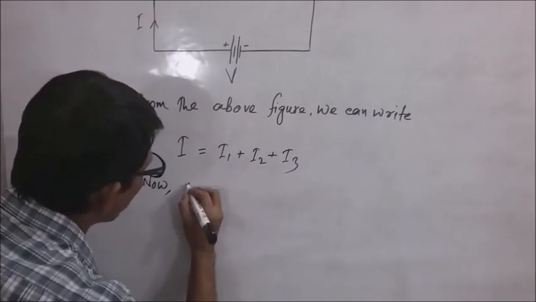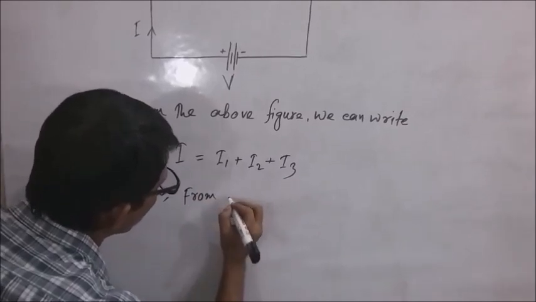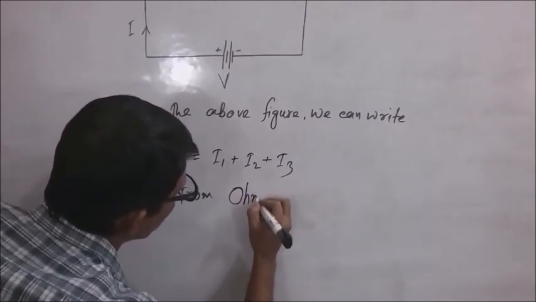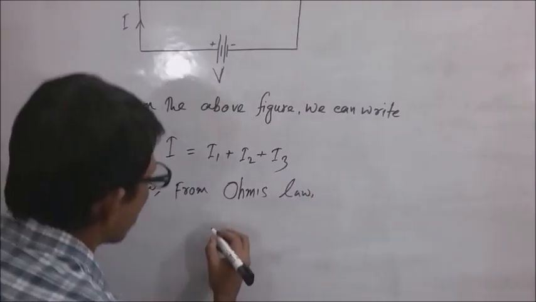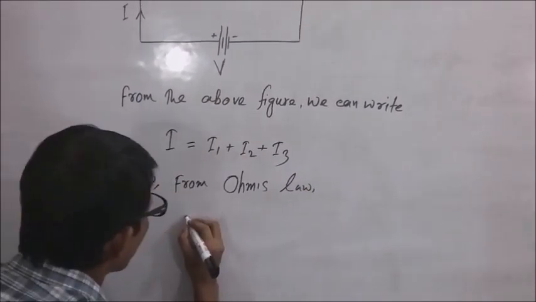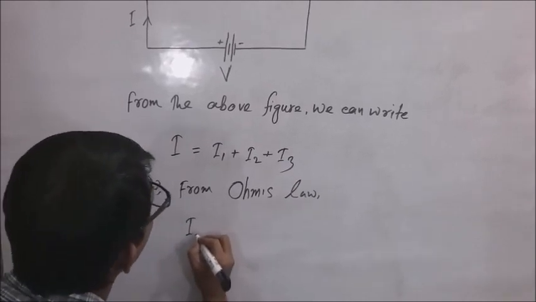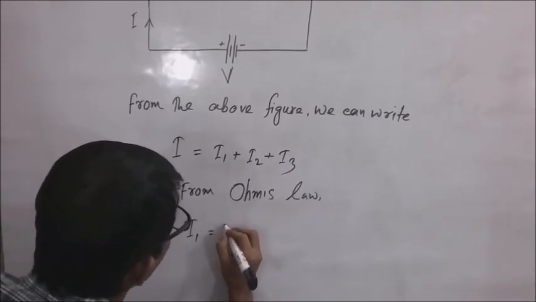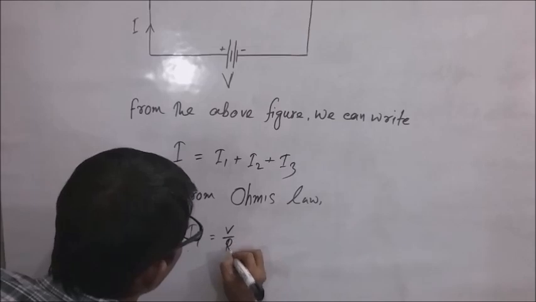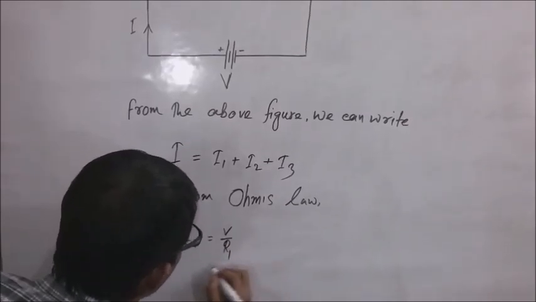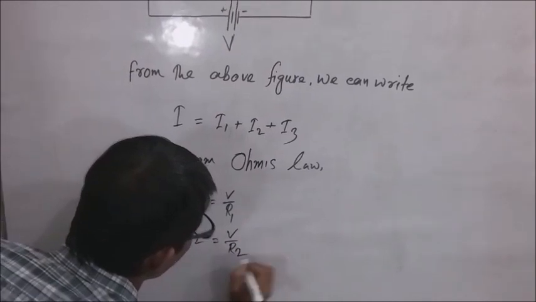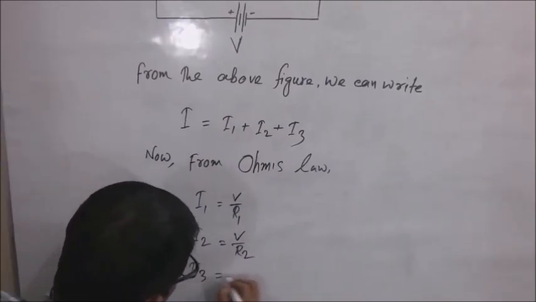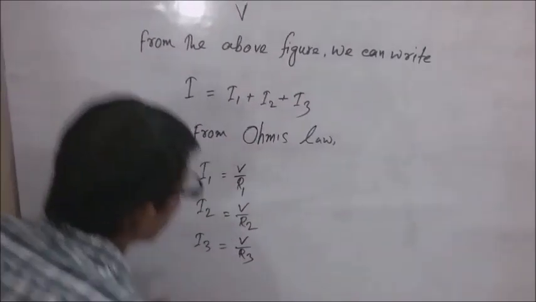Now from Ohm's law, I1 equal to V by R1, I2 equal to V by R2, I3 equal to V by R3.